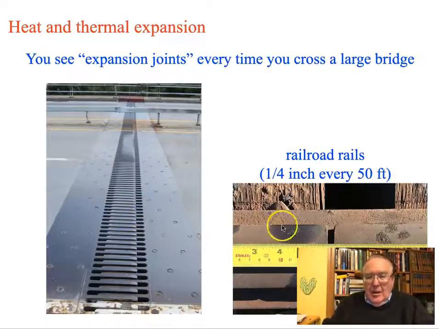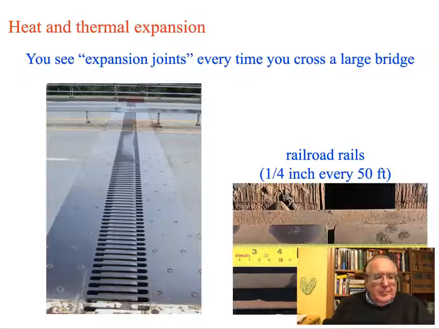Okay. Lower right is a 1/4 inch gap every 50 feet on the railroad rails. If you go out and look at the railroad rails going through Ames, you'll see these little 1/4 inch gaps. And that's meant so that during the summertime, the iron expands and the gap closes up, and during the winter, the iron shrinks, and the expansion joint opens. Okay?